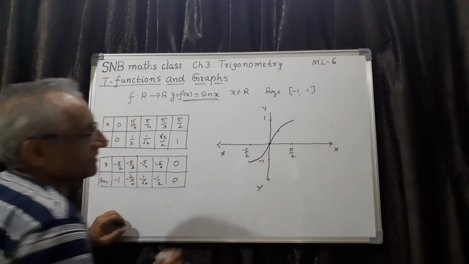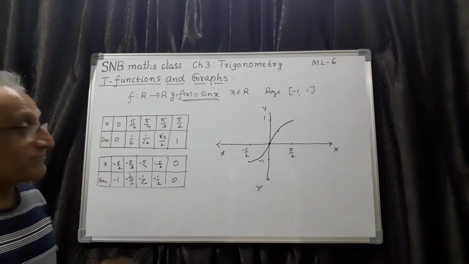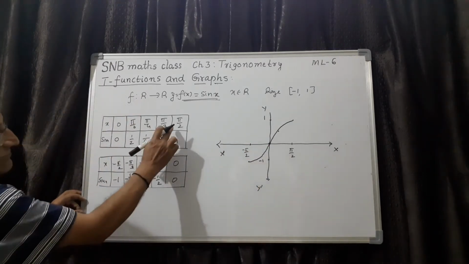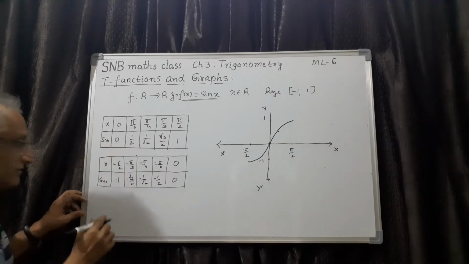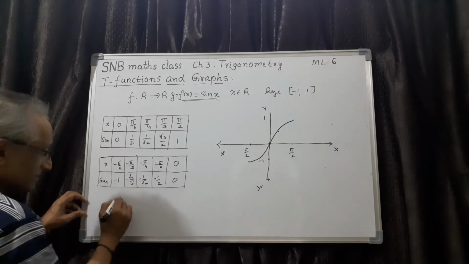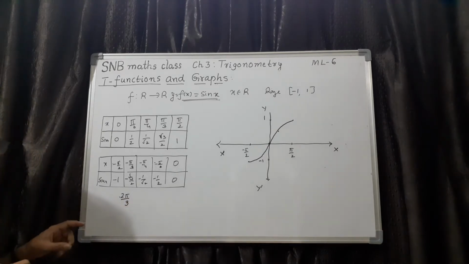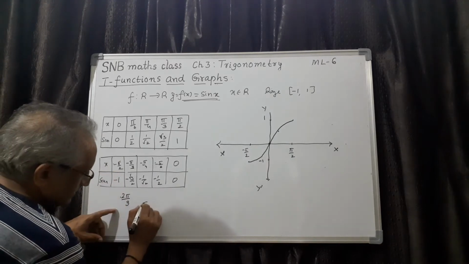But if you draw the graph only this much, you don't understand anything. Therefore I have to take further values. After pi by 2, what is the next one I can take? 90 plus 30, 120, that is 2 pi by 3. So what is sine 120?